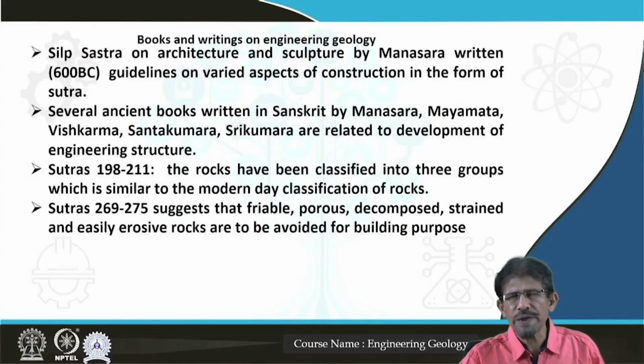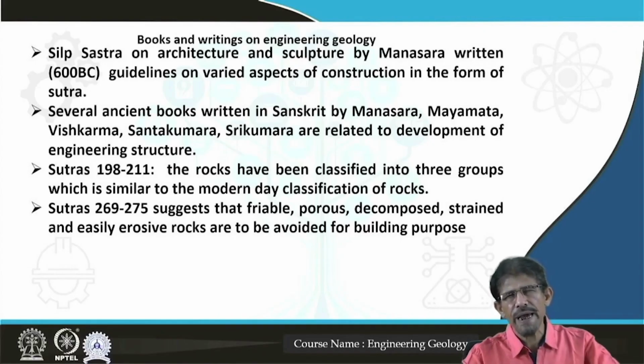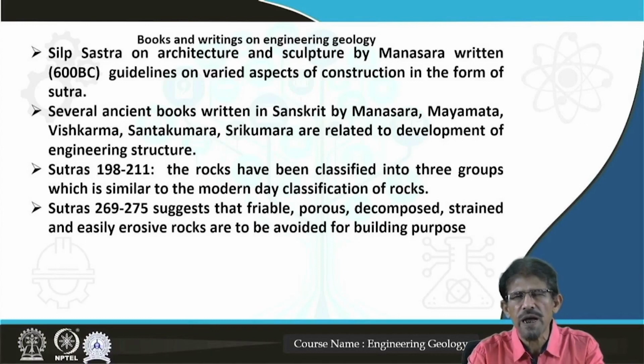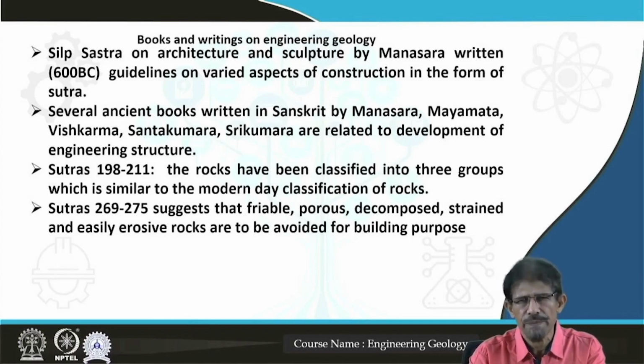Besides this, we have different writings by various writers in Sanskrit. One of the best writings we have is the Silpa Shastra, written by Manasara in 600 BC. This Silpa Shastra is written in the form of sutras.